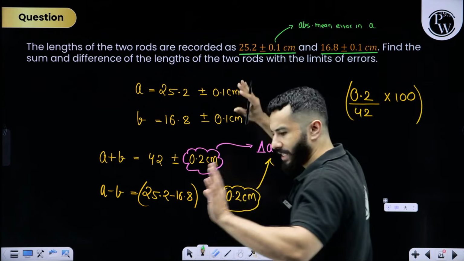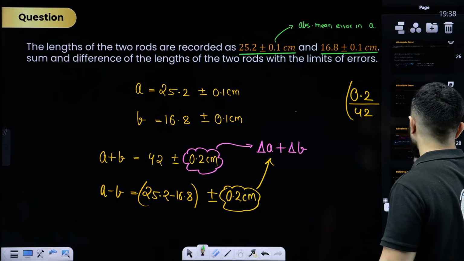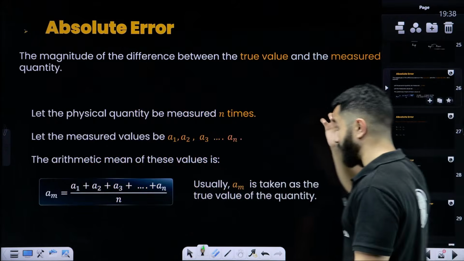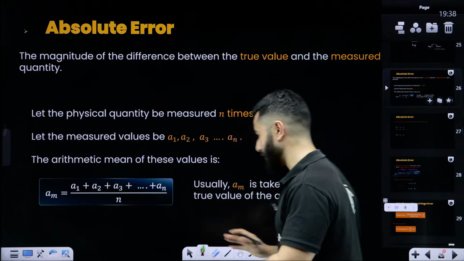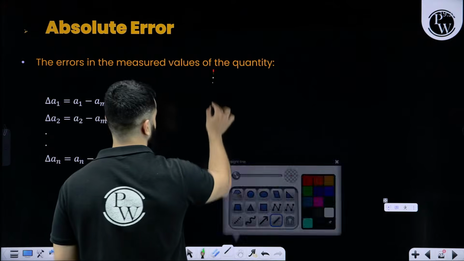Let me explain this point again, because one of the students has asked this. If you remember, first we tried to find out the average value. I'll give you one example also. Pay attention.